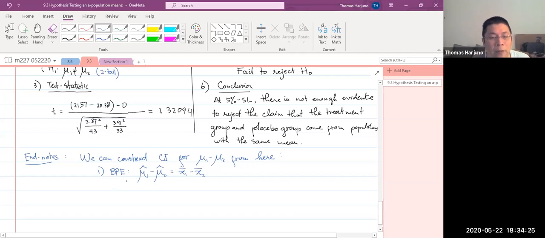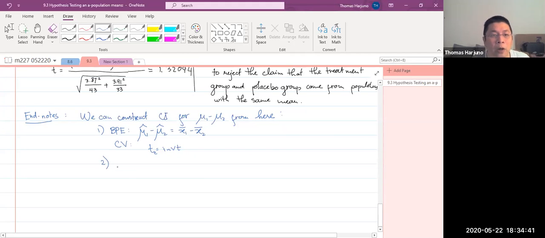The critical value is t equals inverse t. And then the margin of error will be that critical value times the square root of s1 squared over n1 plus s2 squared over n2.